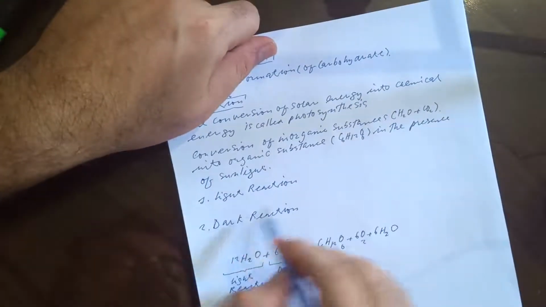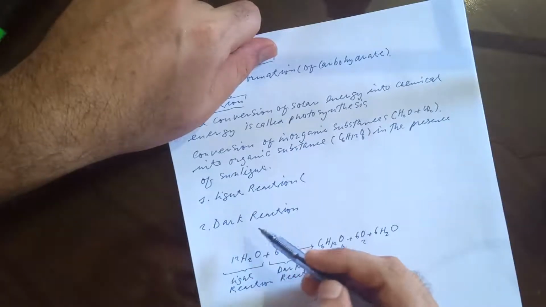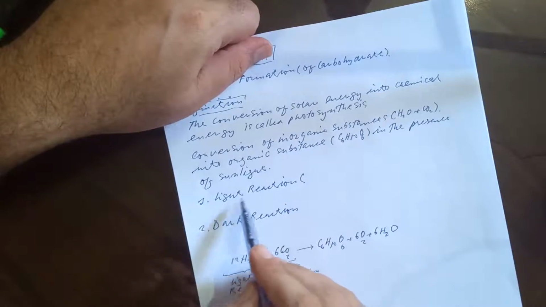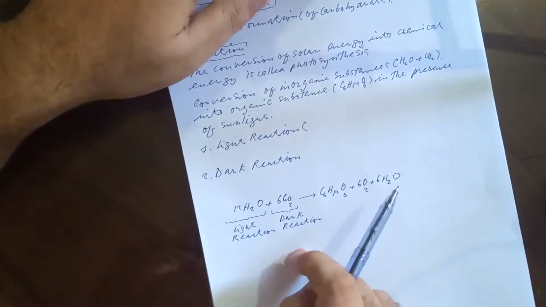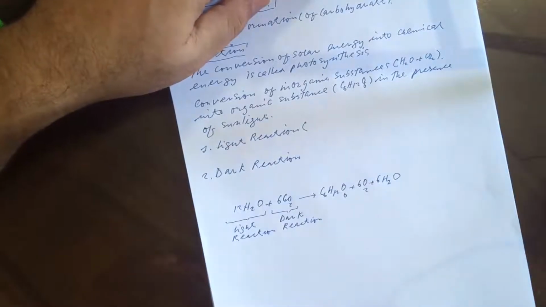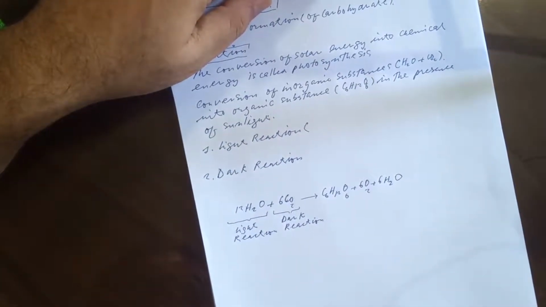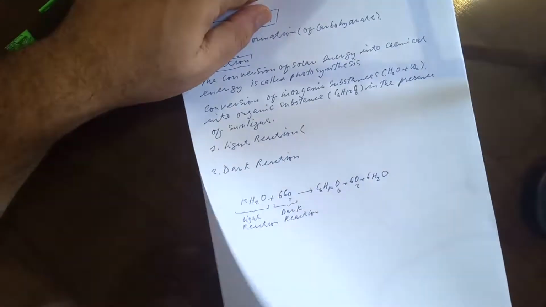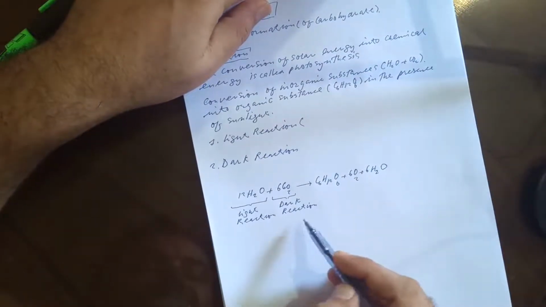Since light is used and it totally depends on light, if the light factor is absent, this reaction will not take place. Let me just zoom out a little so that you can see. Okay, so this is light reaction, and this is the dark reaction.